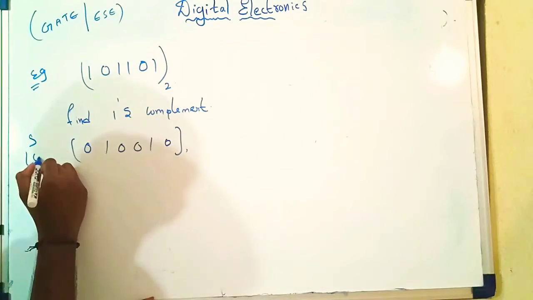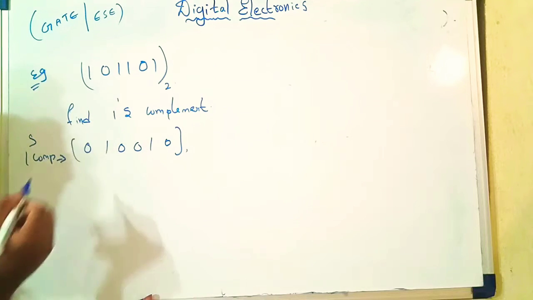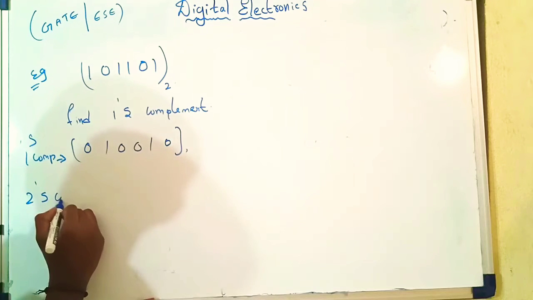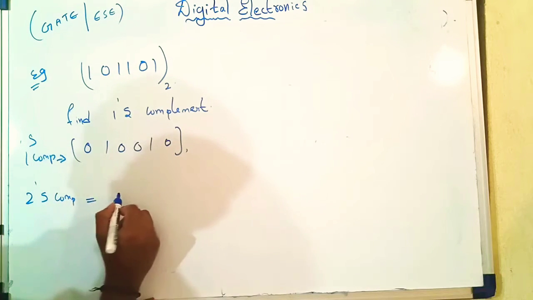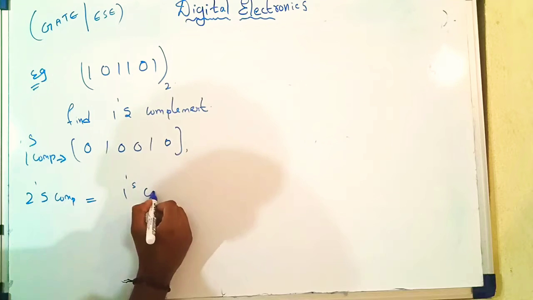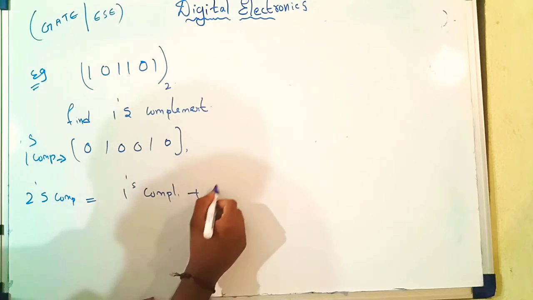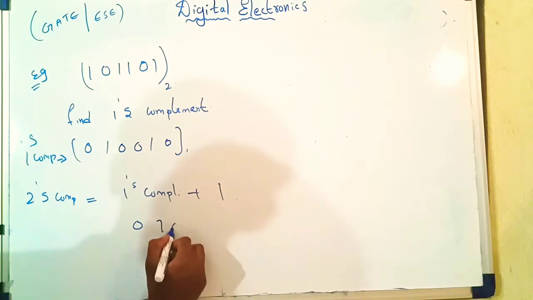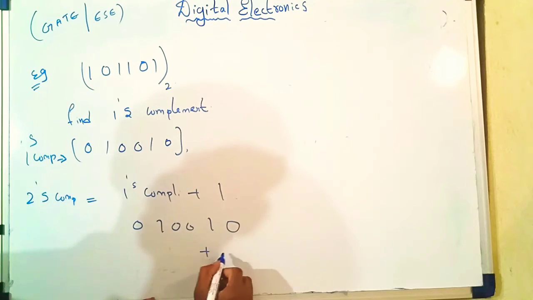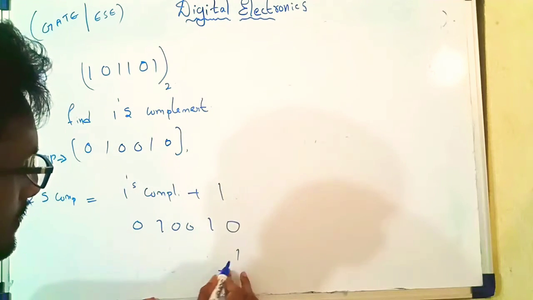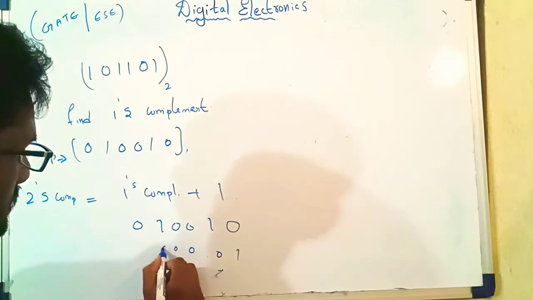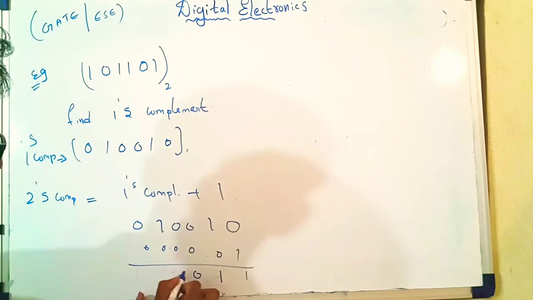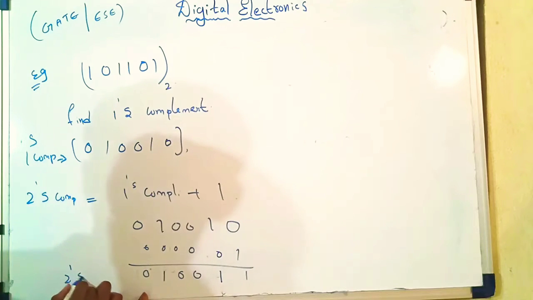This is the one's complement. For getting the 2's complement, just add 1 to the 1's complement. If we add 1 to this, the remaining bits are all zeros. This is the 2's complement.